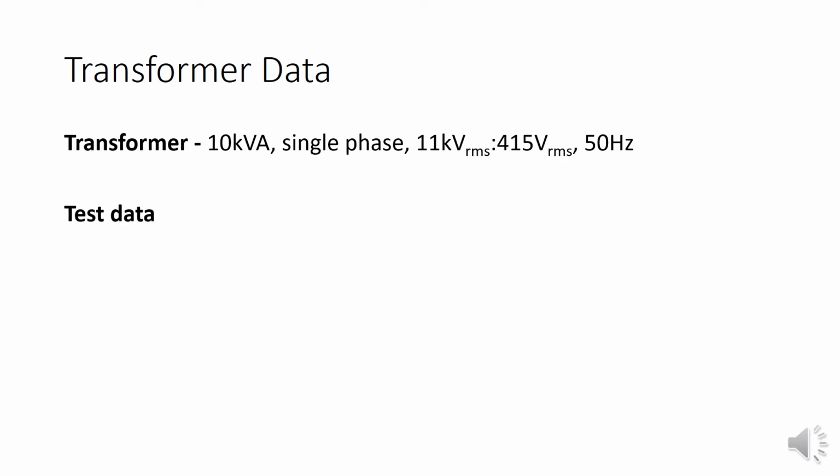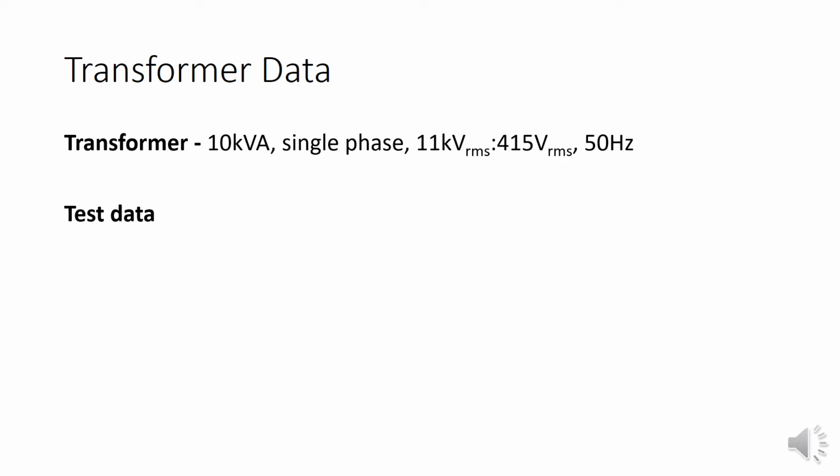Okay, we were given test data, right? As I have explained in the tutorial, when you have a transformer, in order to determine the transformer parameters we perform two tests. What are those two tests? The open circuit test and the short circuit test, right?